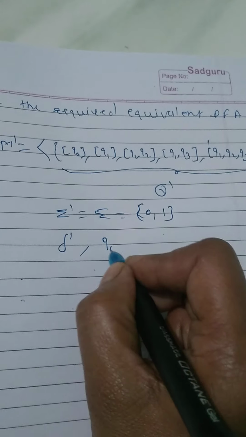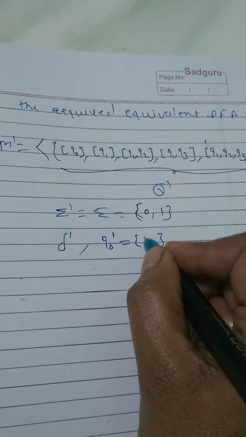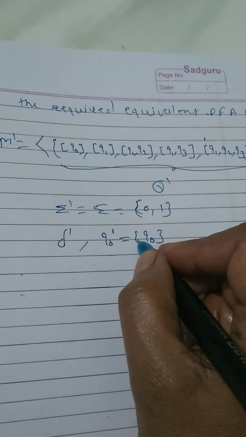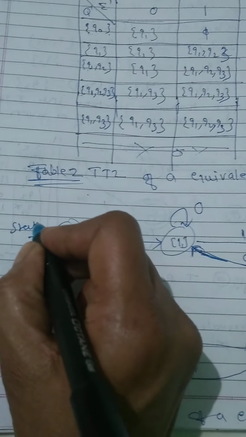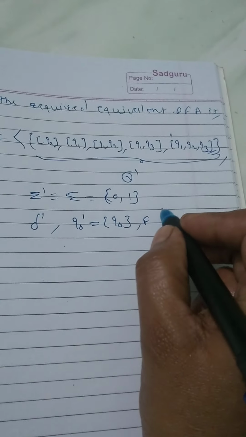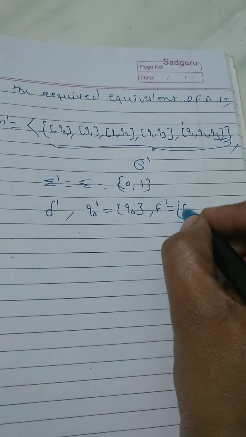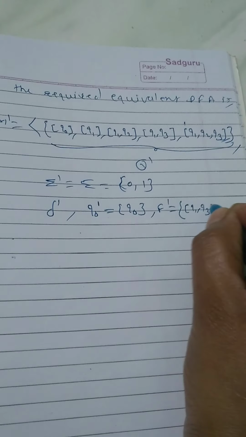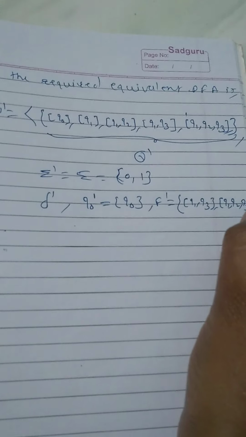Then Q0 dash, the initial state, is equal to the subset containing the initial state, that is nothing but Q0, which we marked here. So this is the starting state. Then the final states, capital F dash, is equal to both subsets: Q1 Q3, and another subset Q1 Q2 Q3.